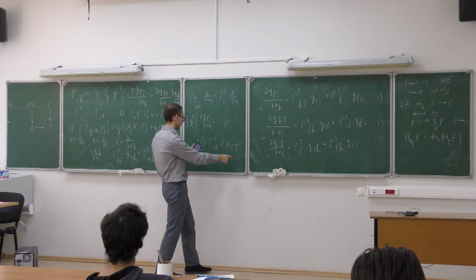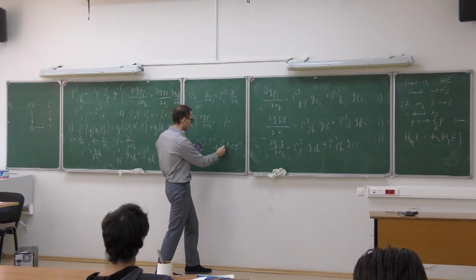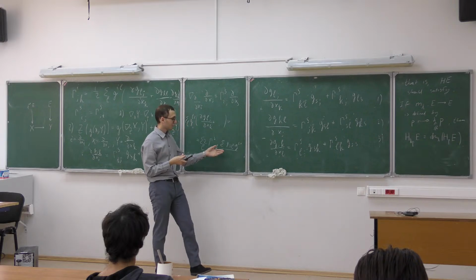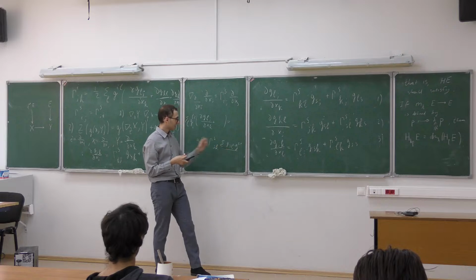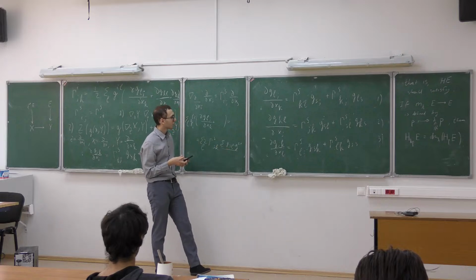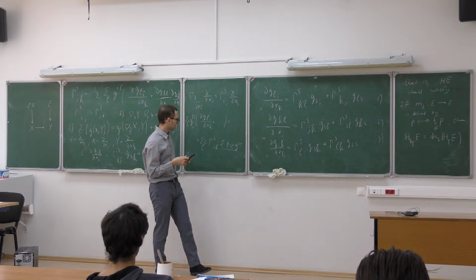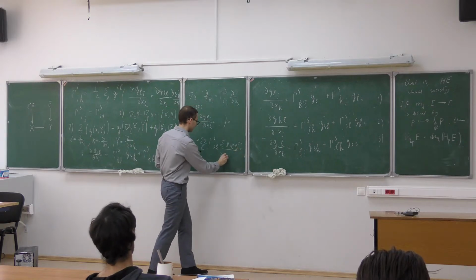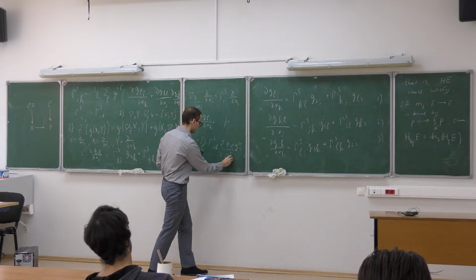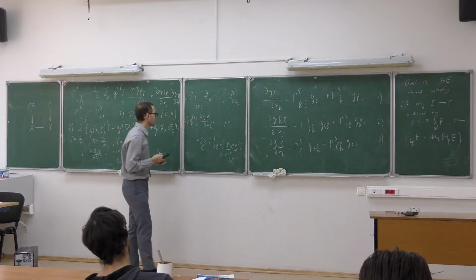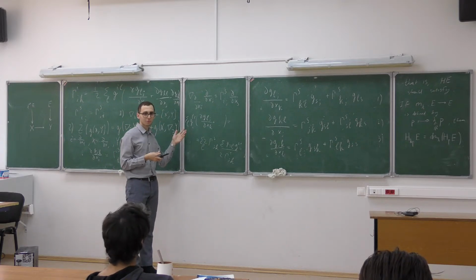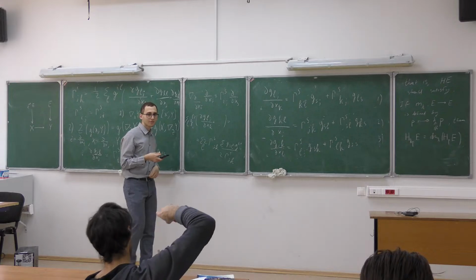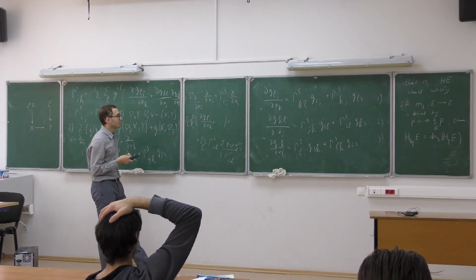And this thing will be not 0 only when e equals n. If we divide this by 2, we get G, not GSI, but GLI.